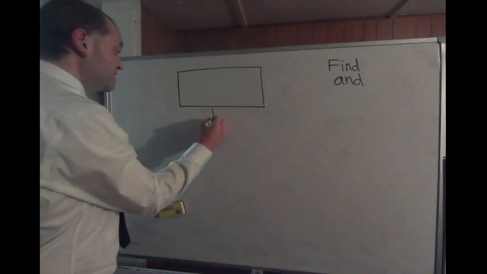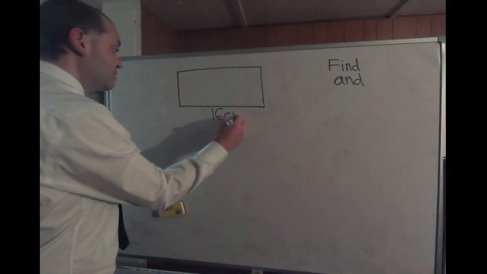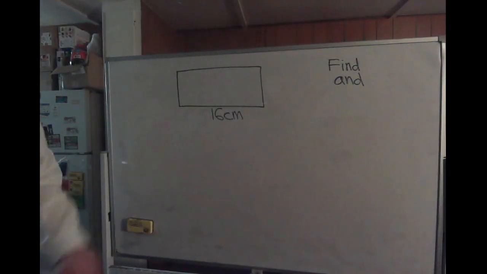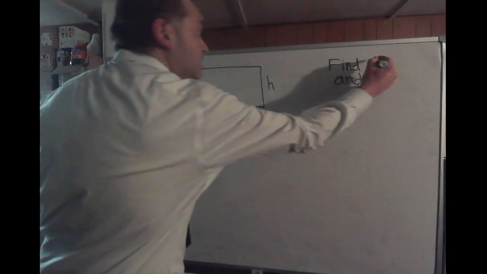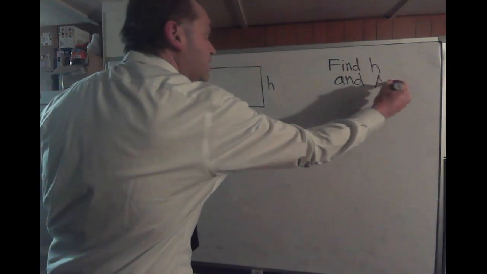See what we get next here. So this time we have a base length of 16 centimeters. We also don't know the height or the area, so we need to find the height and the area.